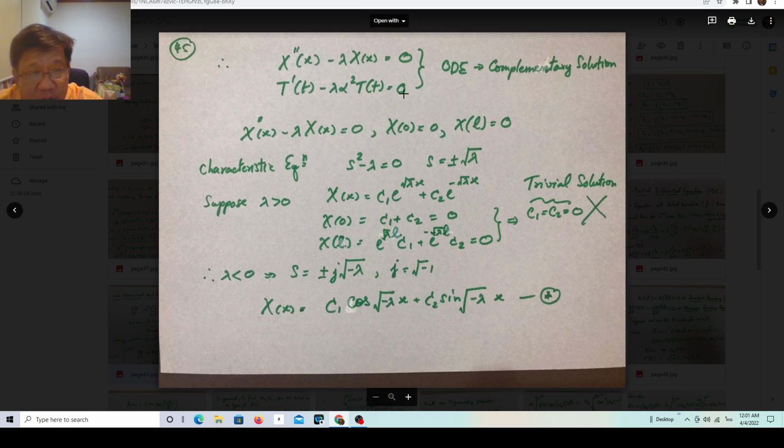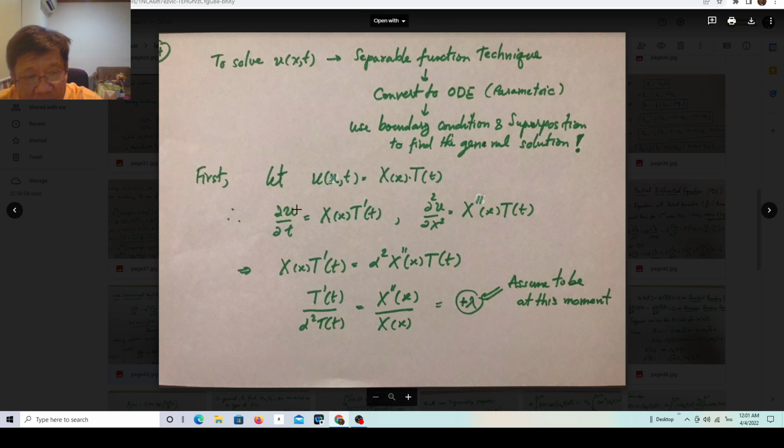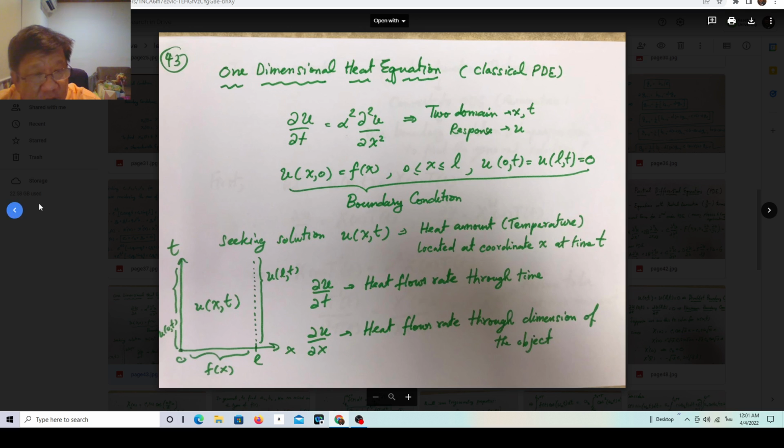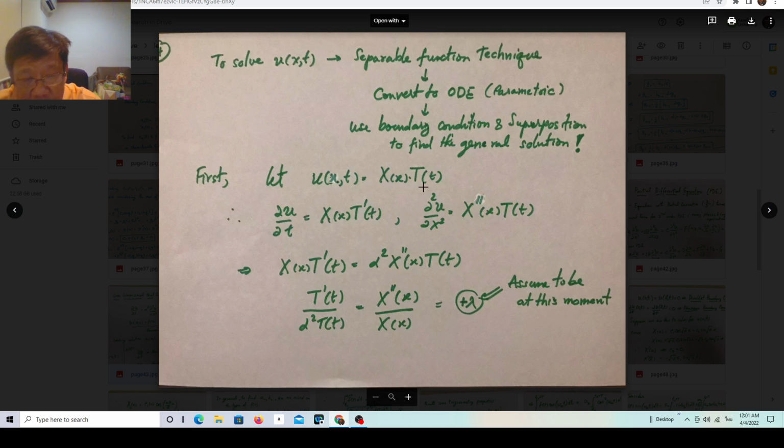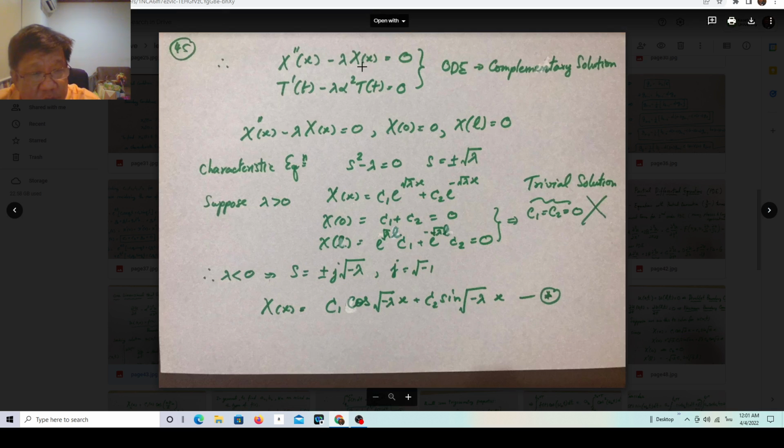The interesting part of this is that the original equation, which has two domains within and some partial differential terms, you can convert with this form of multiplicative separable function into two independent single domains with a new parameter we call lambda.